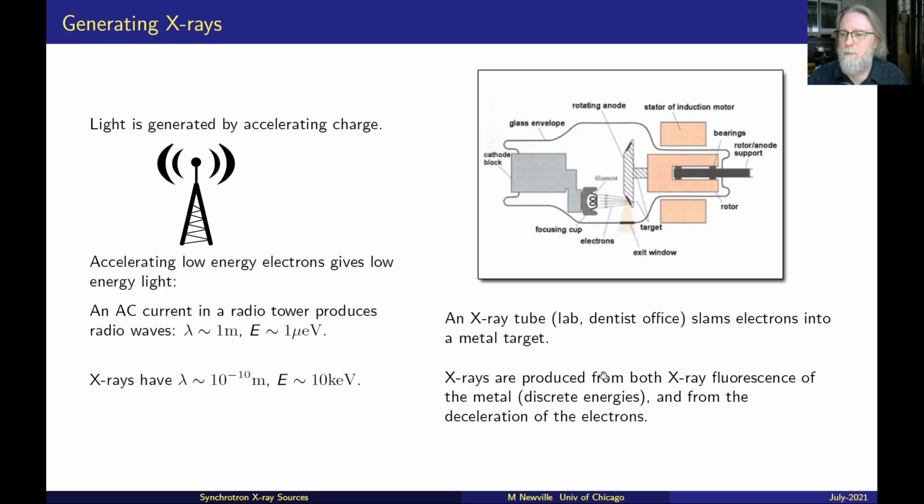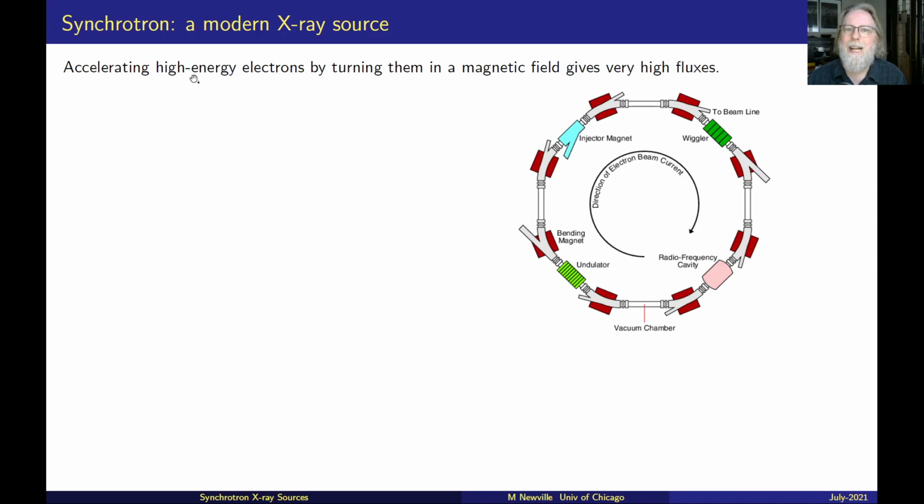The X-rays are produced both from fluorescence, so you get discrete levels from the X-ray emission lines of the metal, and from the deceleration of the electrons, so you get a broader spectrum of X-rays from that deceleration.